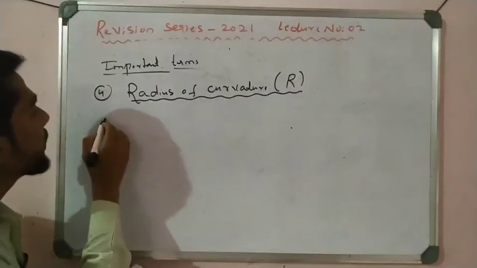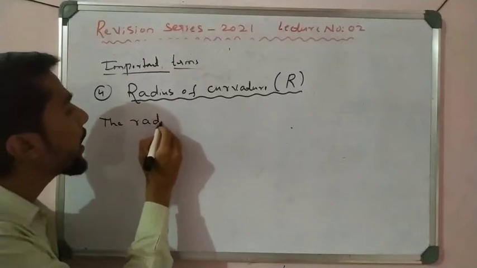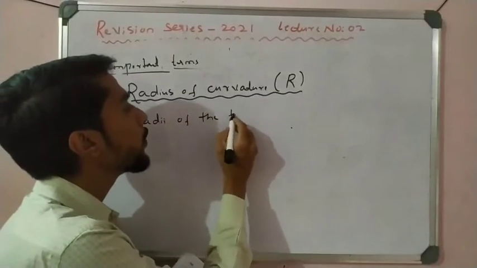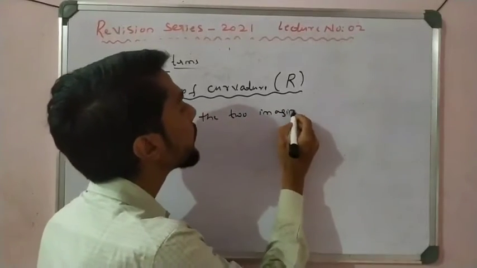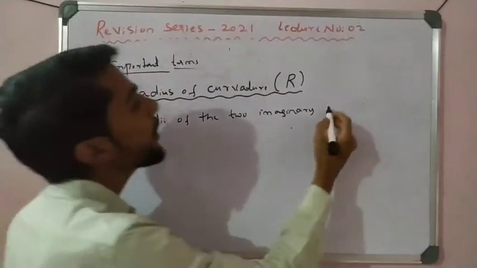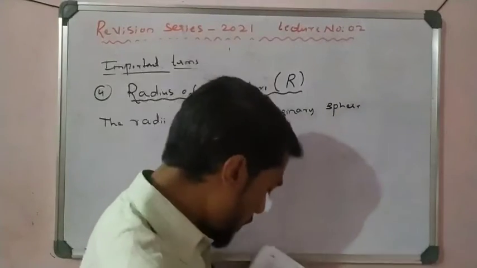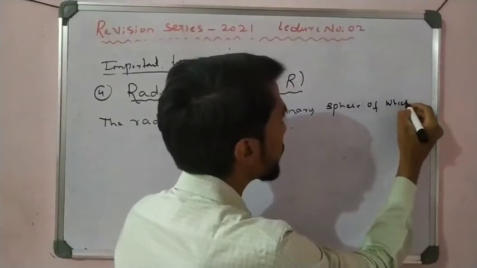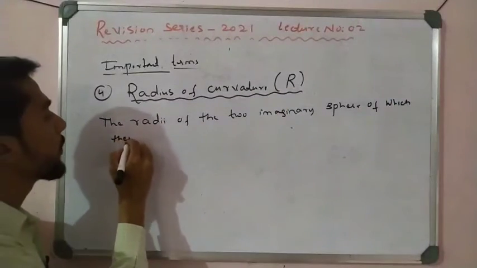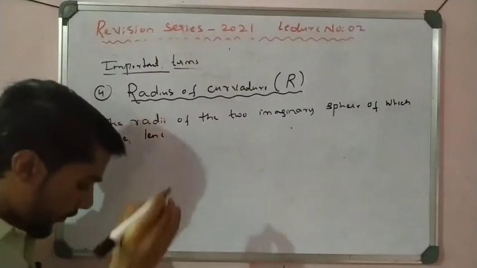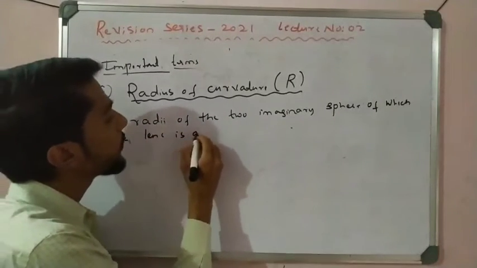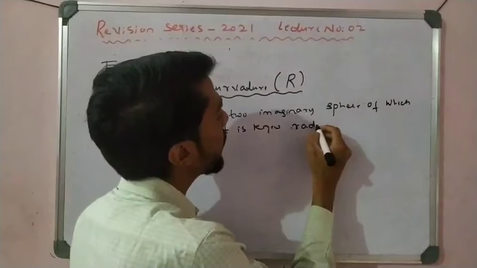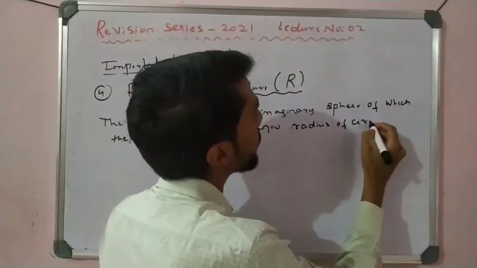I can write the definition: the radii of the two imaginary spheres of which the lens is a part is known as radius of curvature.